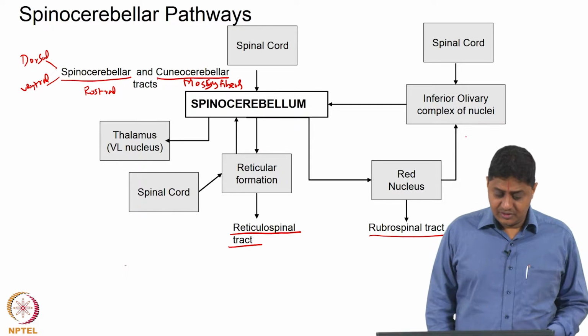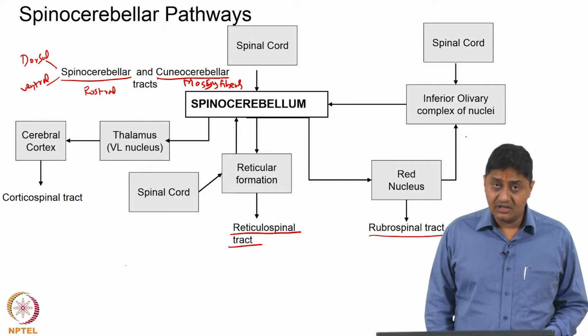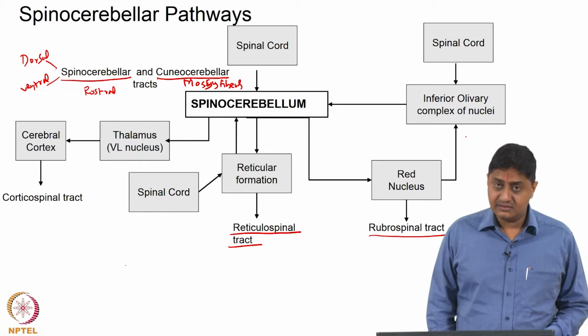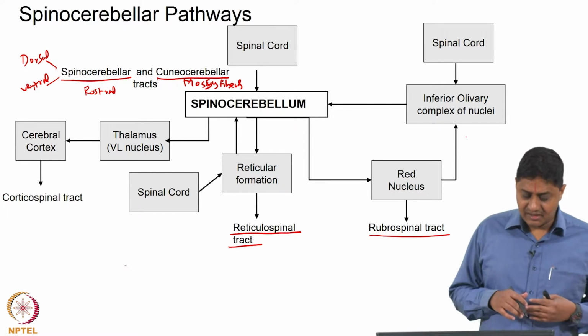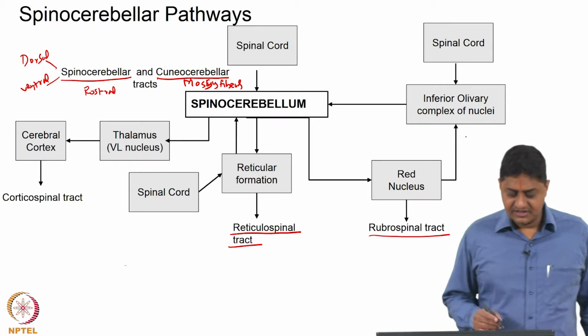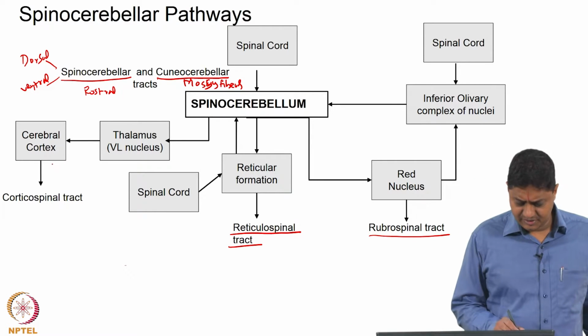The other output is to the ventrolateral thalamus, and from there to the motor areas of the cerebral cortex, the premotor area and primary motor cortex.